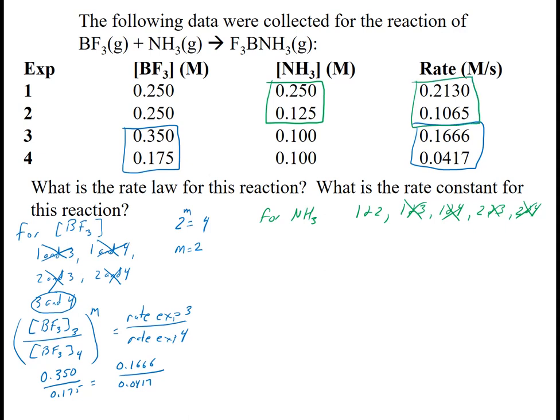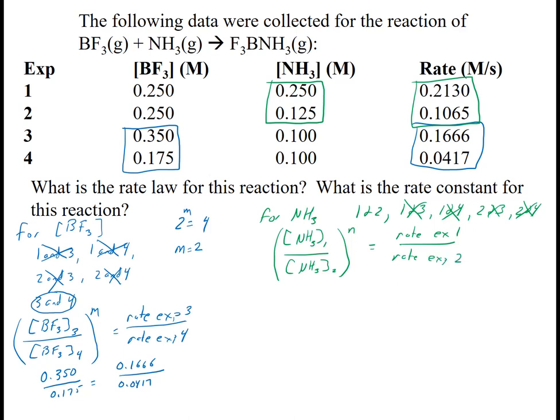Again, the highest concentration goes on top, which is 1. So it's going to be the concentration of NH3 for experiment 1 over the concentration of NH3 for experiment 2, and this one's to the N because it's the second one I'm doing. Then the rate for experiment 1 over the rate for experiment 2.